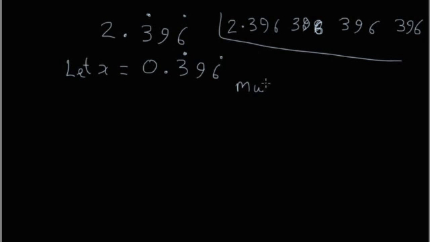Multiply by, this time we're going to multiply by 1000 because we've got 3 digits in the recurring pattern, sorry.